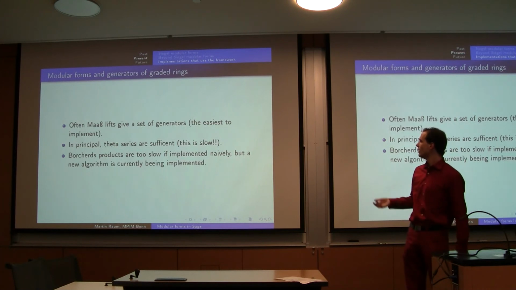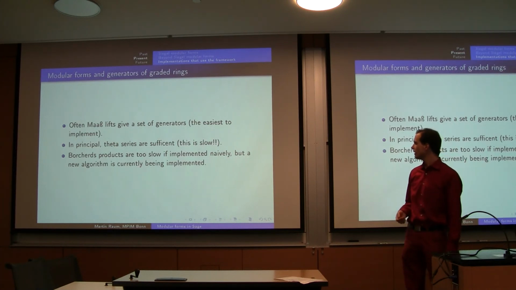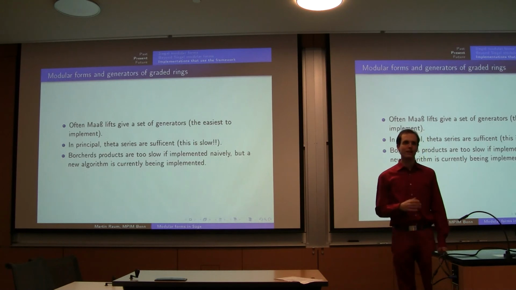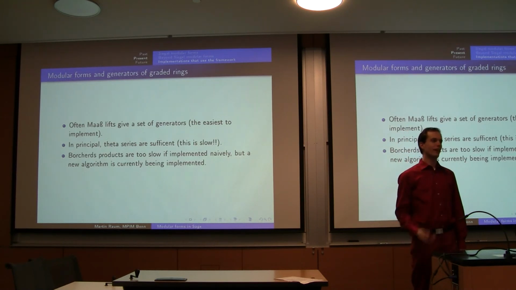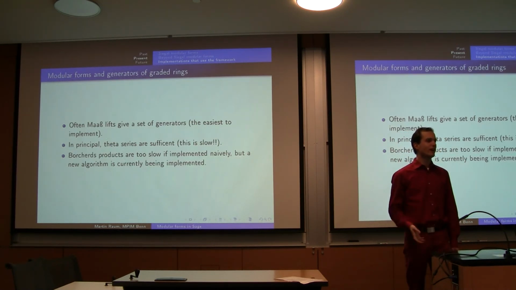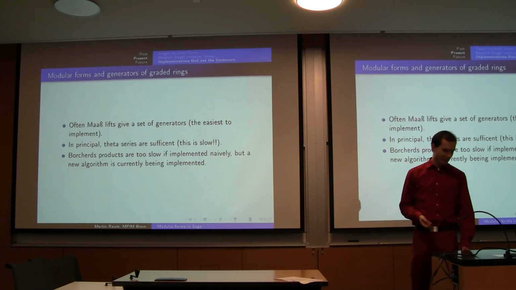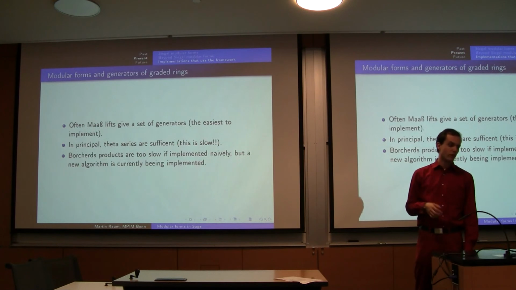I mean, we all know that Borcherds products are not easy to evaluate, but we do have a new algorithm, and I'm working on that with people in Aachen, and we hope to be done next autumn or so, and then of course it already is in Sage, so as soon as it's done it probably will be in Sage, so that would be better. Very, very important, I think, for applications.